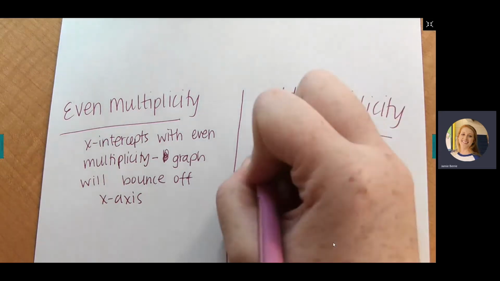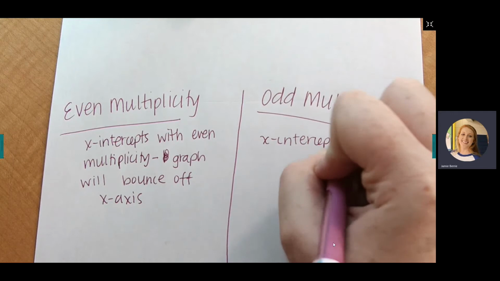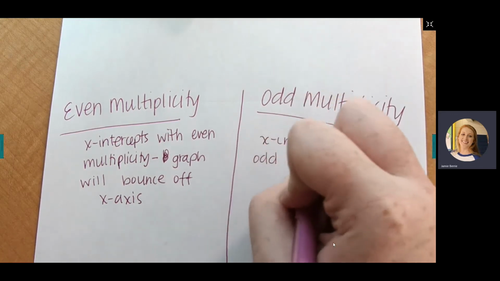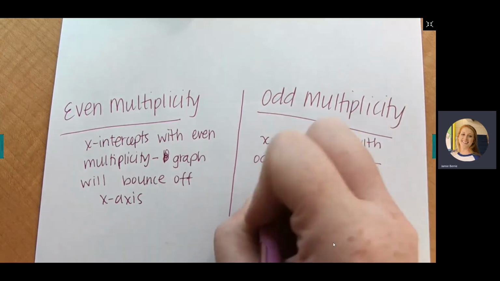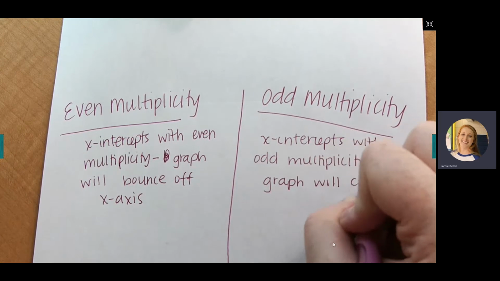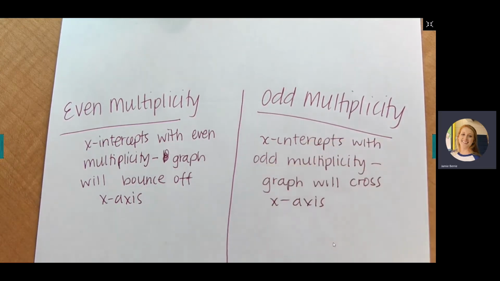And then for x-intercepts with odd multiplicity, the graph will cross the x-axis. It'll go straight through.